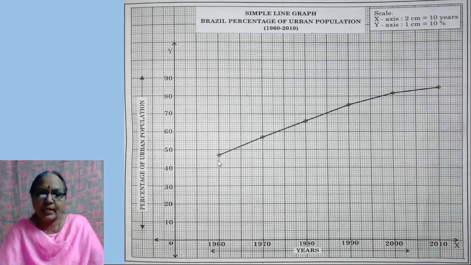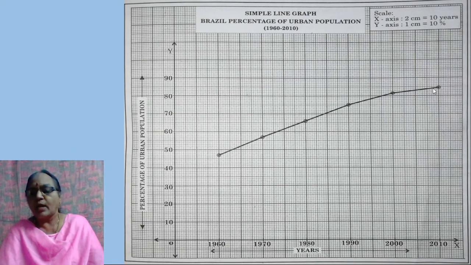In 1960, it was around 46 to 47%, and by the year 2010, we find there has been a steady increase in the percentage of urban population.